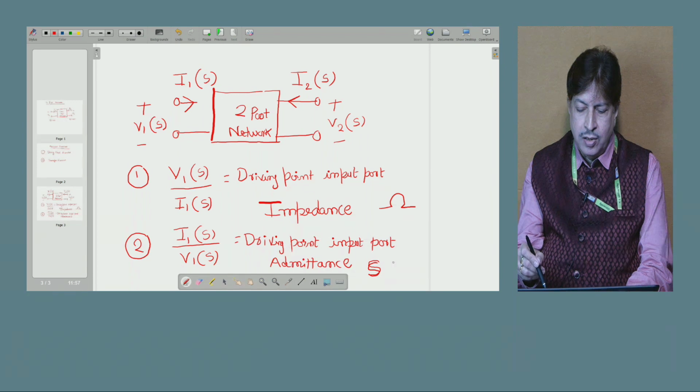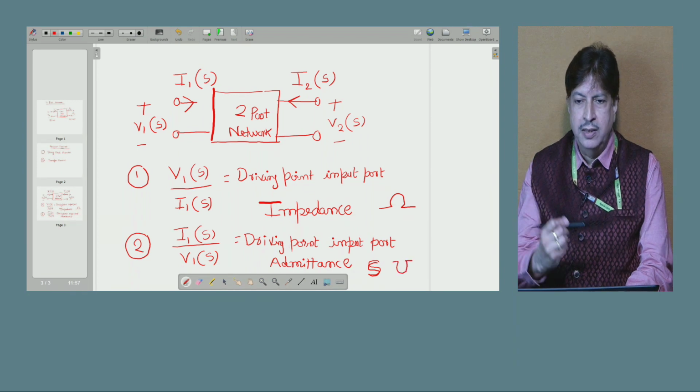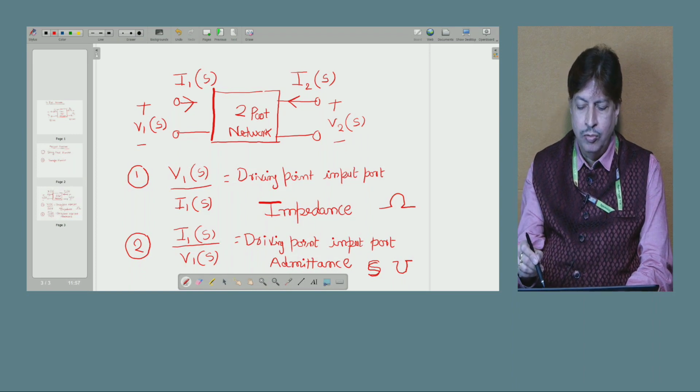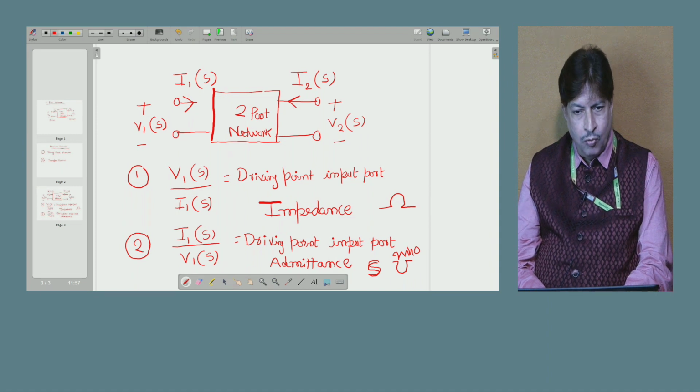Earlier, you were familiar with the symbol which is called mho. Now onwards, whenever we refer to the admittance function, we represent that unit as Siemens.